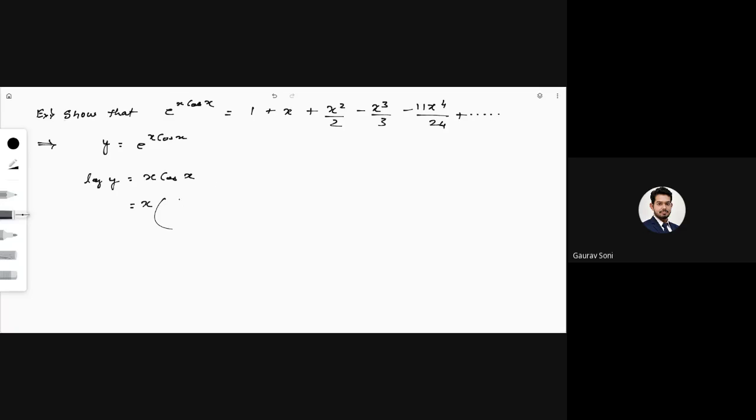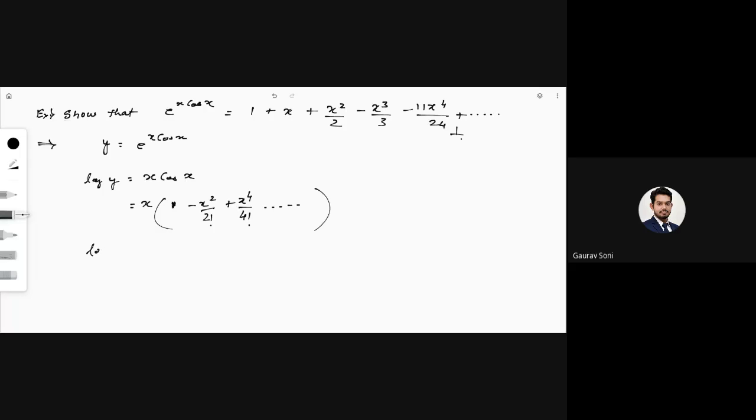The series is 1 minus x square by 2 factorial plus x raised to 4 by 4 factorial and so on. Look, in the question the things are up to x raised to 4. So I will take proper care that I don't go beyond x raised to 4.